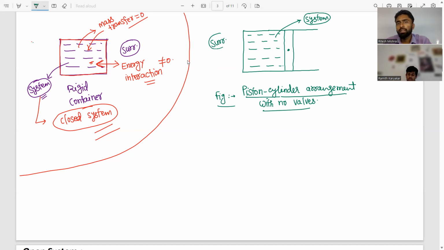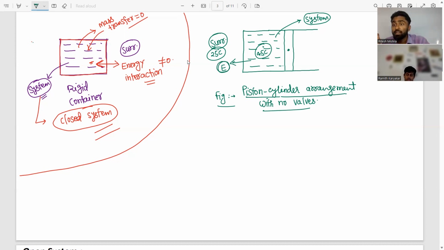That means this liquid has higher temperature. Let us assume surrounding has 25 degrees Celsius temperature and system has 45 degrees Celsius temperature. Then what will happen? Then here energy transfer will occur. Heat transfer will occur from the system to the surrounding.